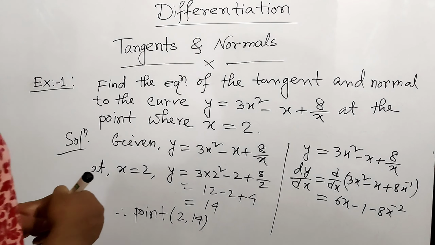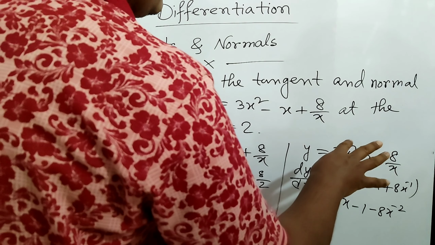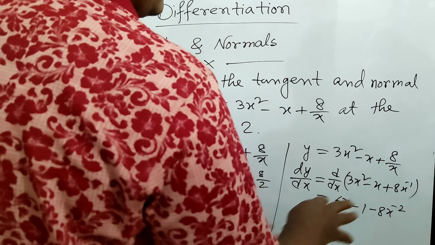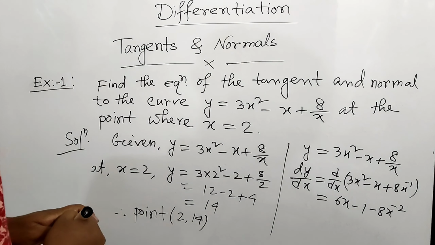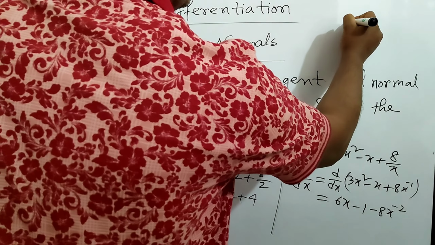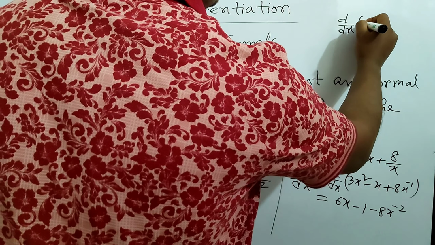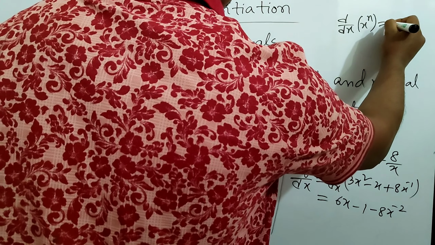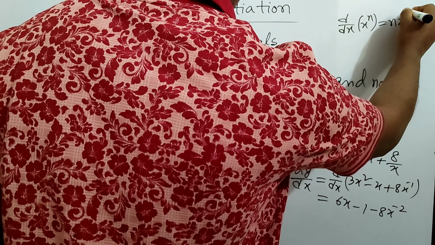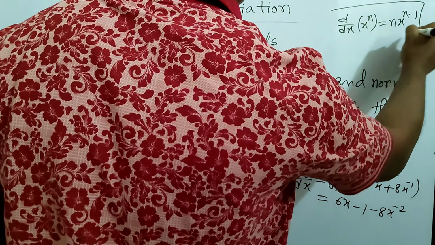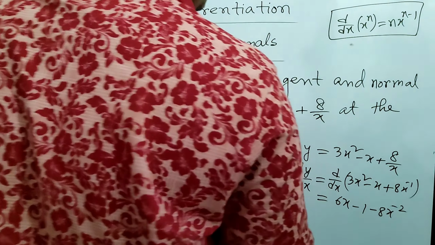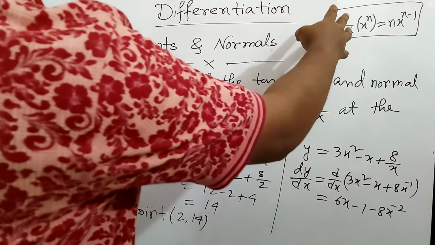Actually here we need to memorize the formula for the differentiation. The formula is d/dx of xⁿ equals n xⁿ⁻¹. That is the power formula for the differentiation, so we need to use this formula.